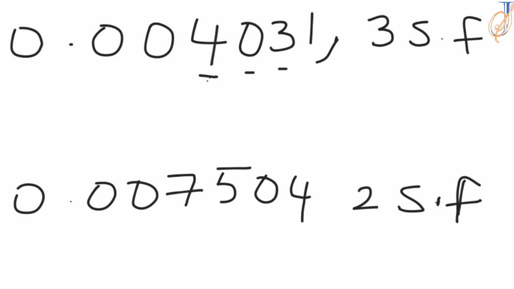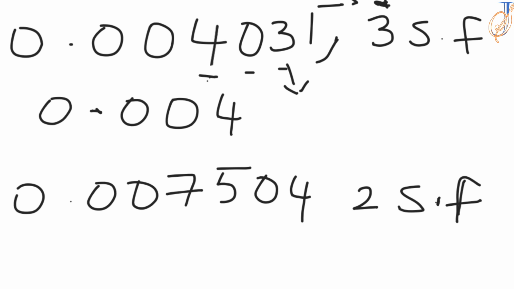So now this 3 is your last digit and 1 is the decider. 1 is the decider. So if the decider is less than 4, keep the last digit the same. So for that 0. The result is 0.00403. This is your result.